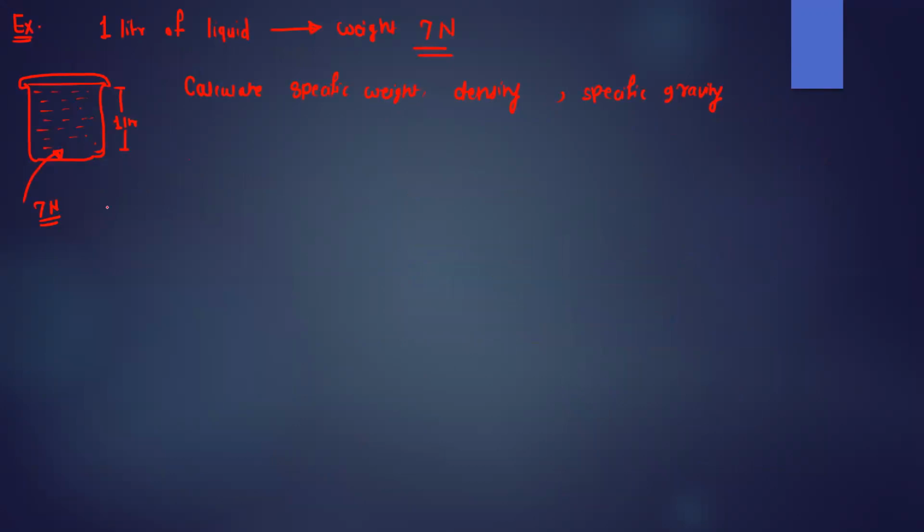So specific weight we can write as weight of a liquid or fluid upon its total volume. From this, we can find out the specific weight or the weight density.